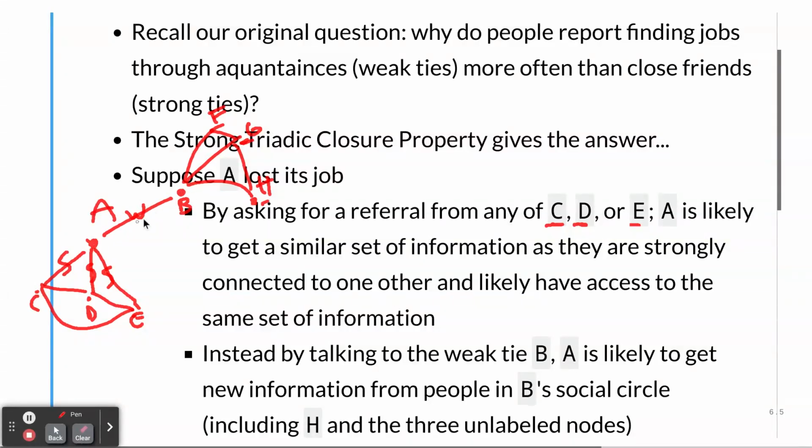So by asking B, who's just a weak tie or an acquaintance, the information set of A increases significantly. We are now getting information from a variety of different players that we never would have gotten information from had we stuck only with strong ties to D, C, and E.